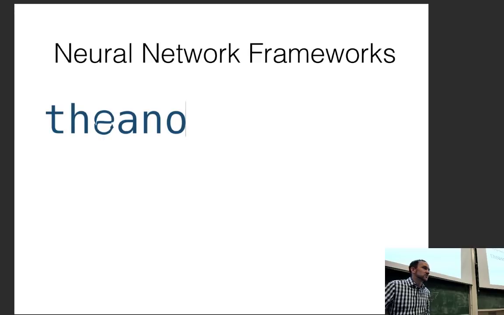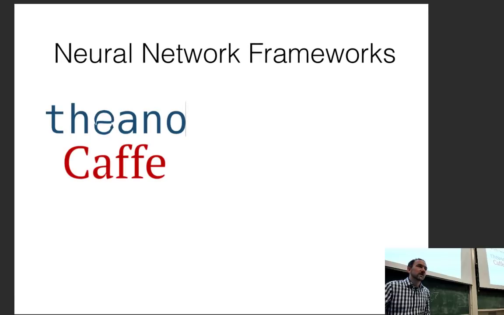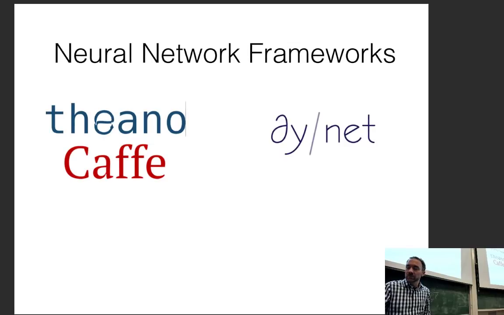One of the first major ones was Theano. It's now been discontinued. There's also been Caffe, which now has been upgraded to Caffe 2. This is largely used for computer vision tasks. Following that, shortly after, was DyNet, the neural network toolkit I've been talking about a little bit that we developed.